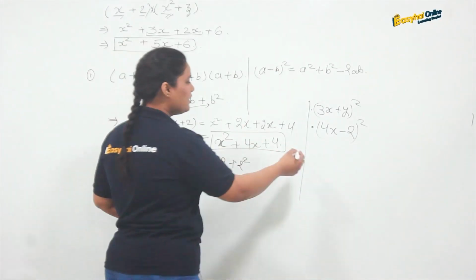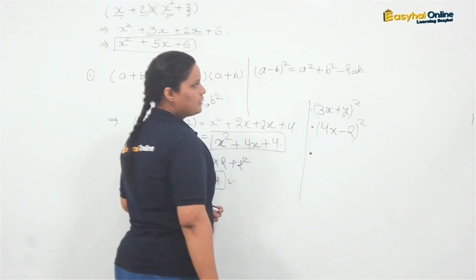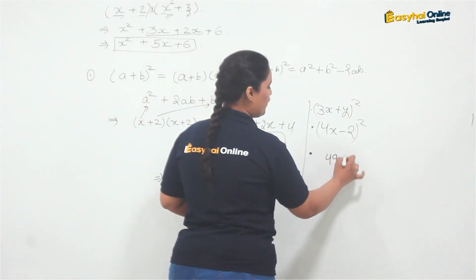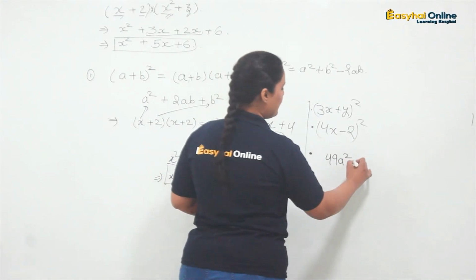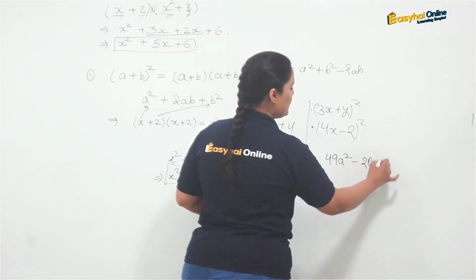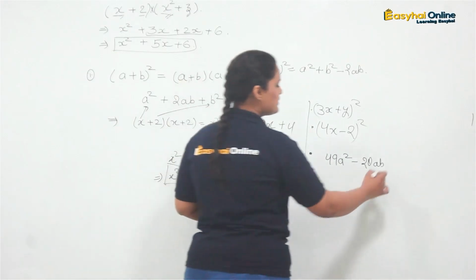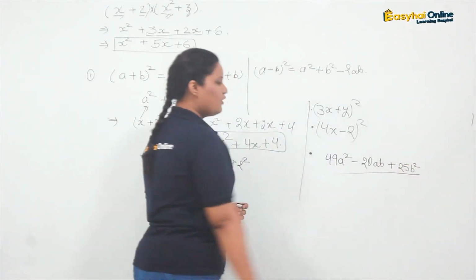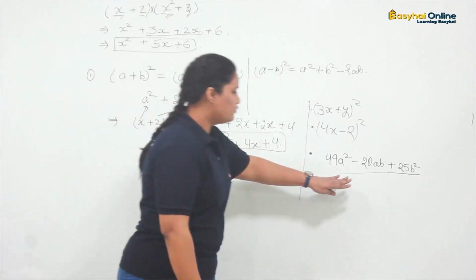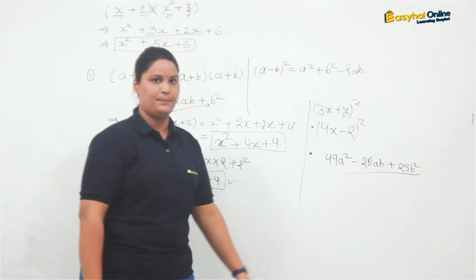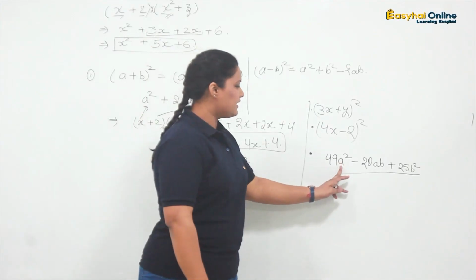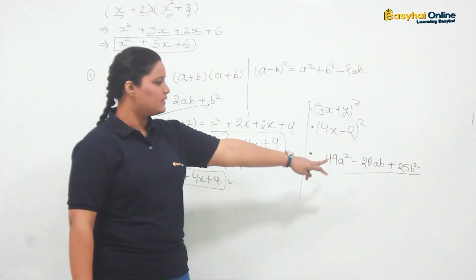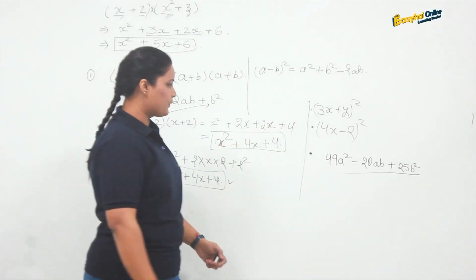But another kind of question is like 49a square minus 20ab plus 25b square. Now what you have to do is factorize this equation. As you can see, it is a quadratic equation because the highest power is 2.